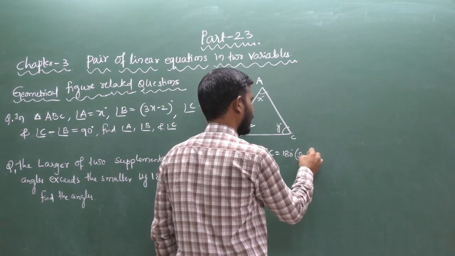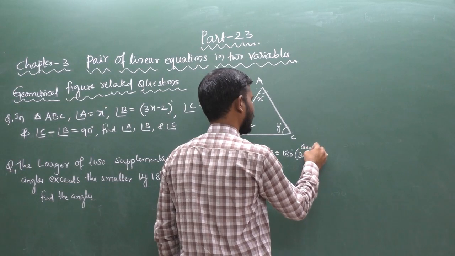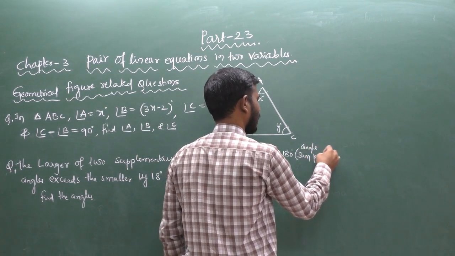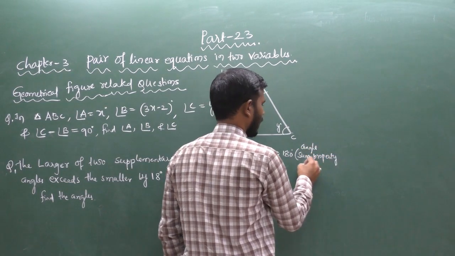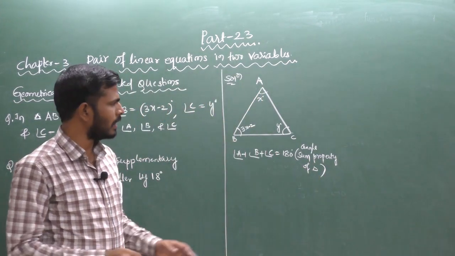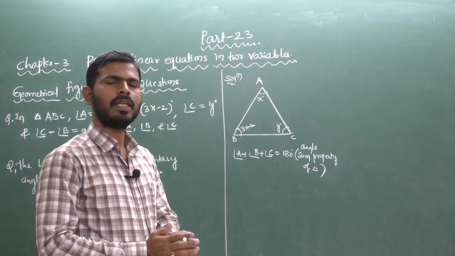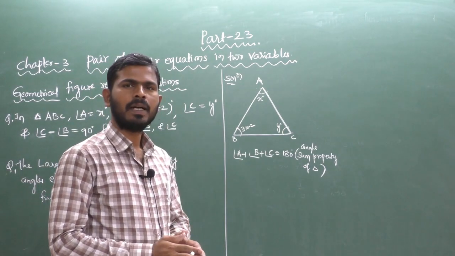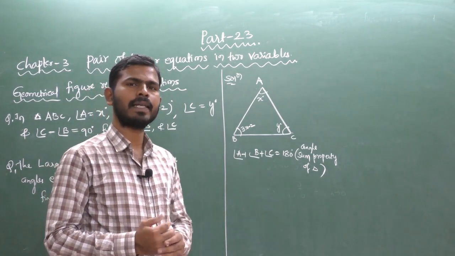You can write here angle sum property of triangle is always 180 degree. Instead of a triangle, they may give a quadrilateral or a cyclic quadrilateral.